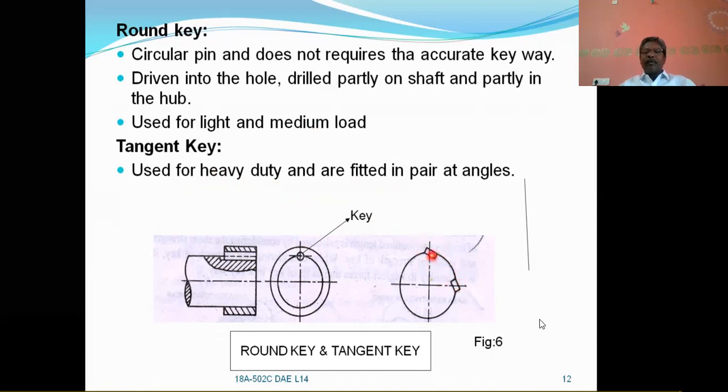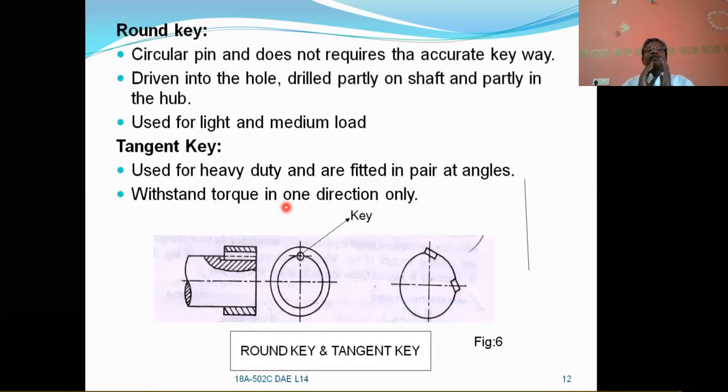That means one is fitted at one place and another at another place at a certain angle. This is for heavy duty power transmission, and it can withstand torque in one direction only. So this is all about the tangent key.